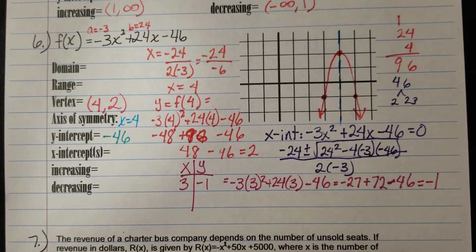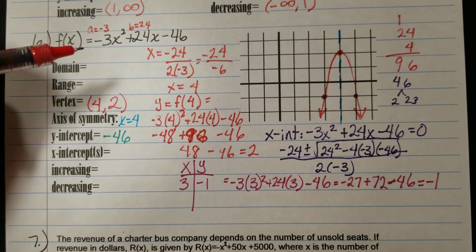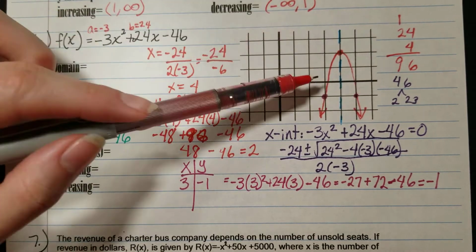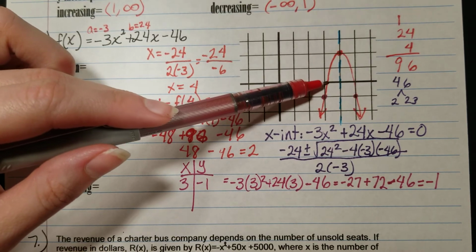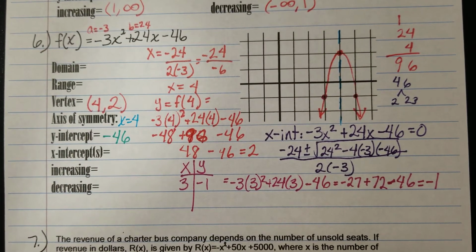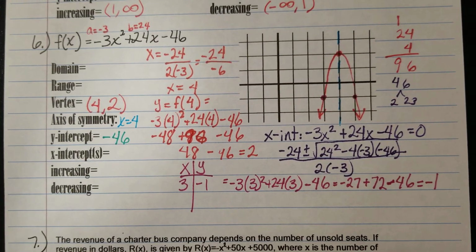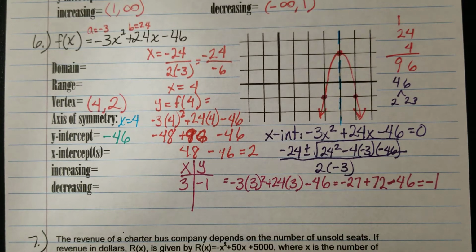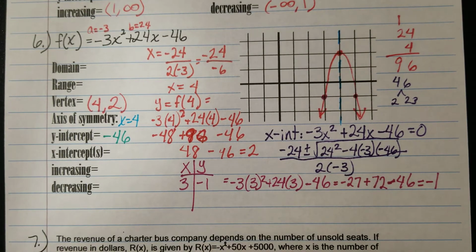All right. So yeah, I can see that whatever those x-intercepts are, it's definitely not going to be a real nice whole number or anything like that. So you probably wouldn't be asked to calculate the x-intercepts for a problem like this in any case.